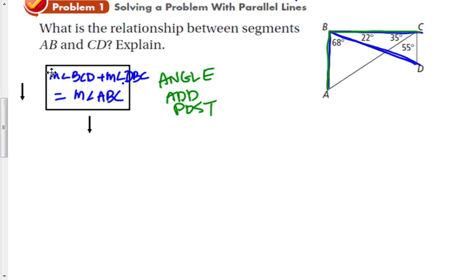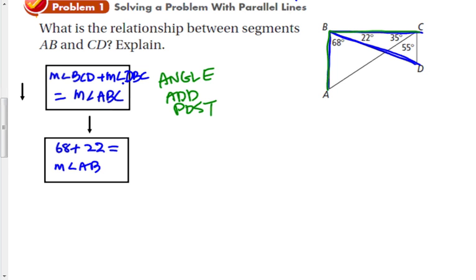Now from that we can substitute, and let's put in the numbers for each of those. We get 68 plus 22 is equal to the measure of angle ABC.